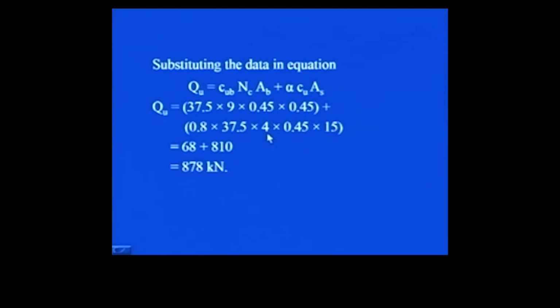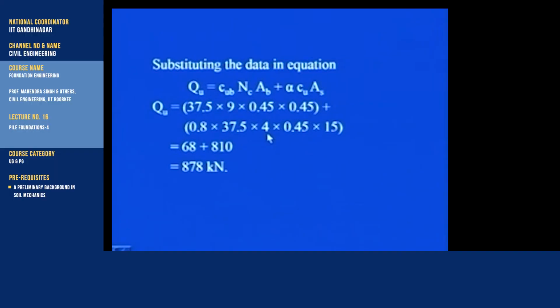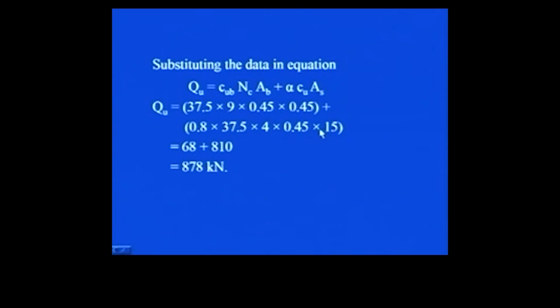Pi d is the circumference in case of a circular pile, but here it is a square pile, so the perimeter will become 4 times the side of the pile. So, the surface area is 4 into 0.45 into 15. The first term will be 68 plus 810, and this will result in 878 kilonewton.